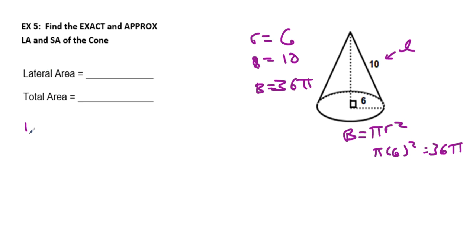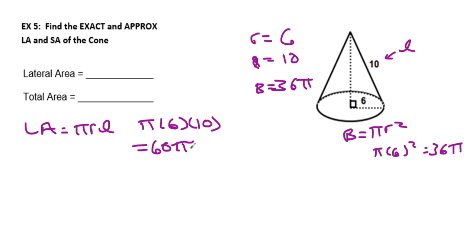Once you do this, you're just plugging these numbers into your formulas. So lateral area is pi RL. Well, R goes to 6, L goes to 10. And that's it. So it's just pi times 6 times 10, which is equal to 60 pi. You can throw that in your handy dandy calculator and get 188.5, and that's units squared.